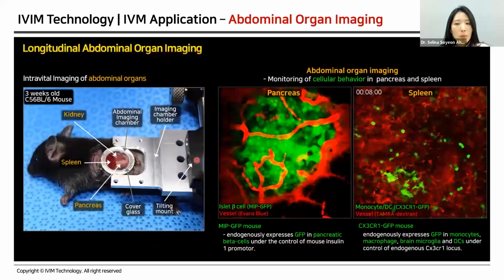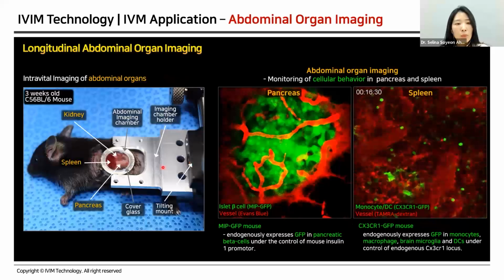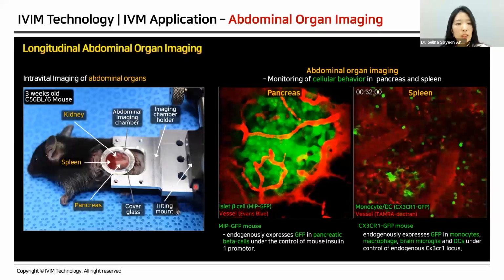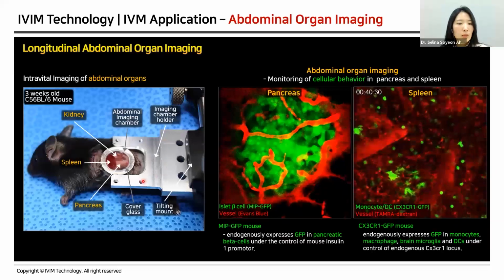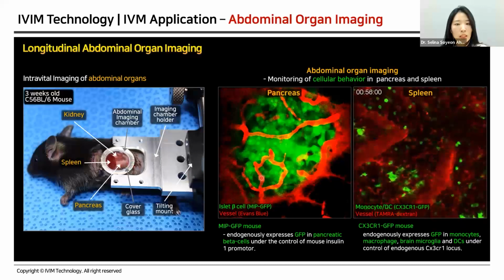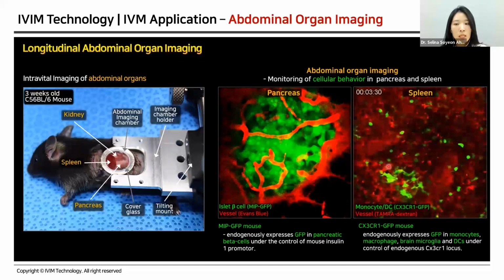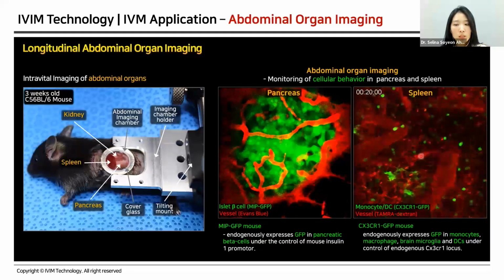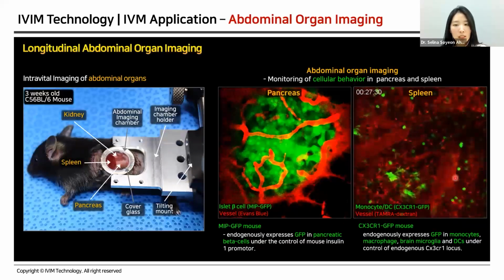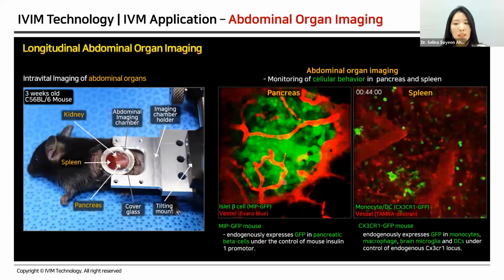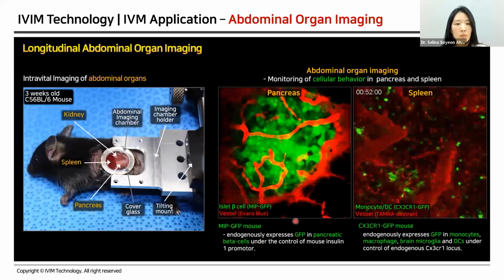And for abdominal organs, we utilize the abdominal imaging window for long-term in vivo monitoring of internal organs, such as the pancreas, spleen, and kidney. We could visualize the real-time cell dynamics of monocytes and dendritic cells in the spleen like this. And we can also monitor pancreatic islet cells using MIP-GFP transgenic mice.